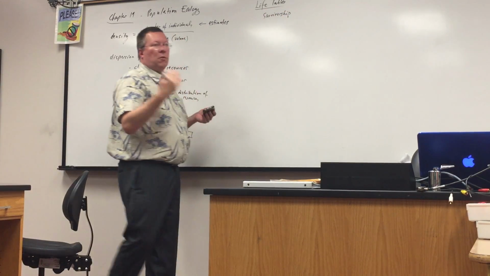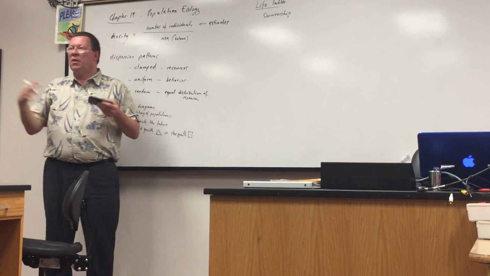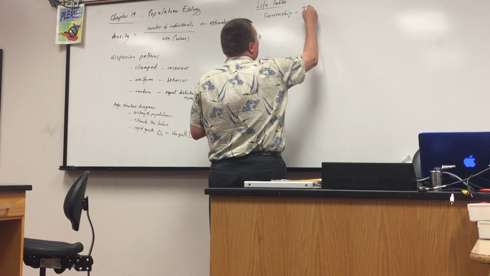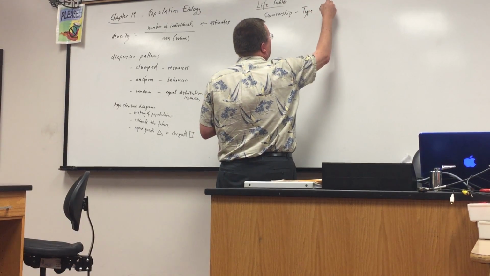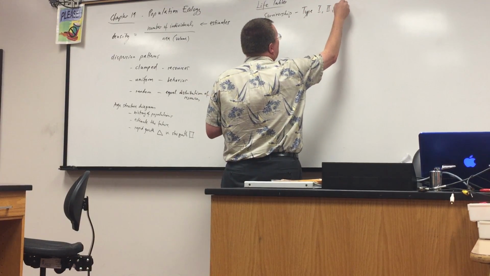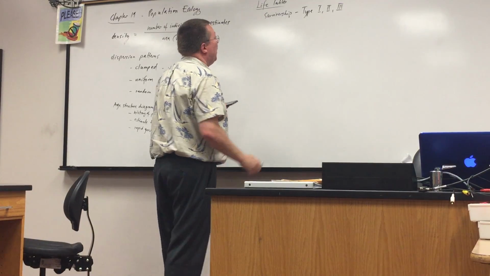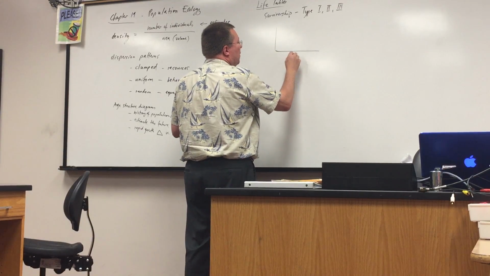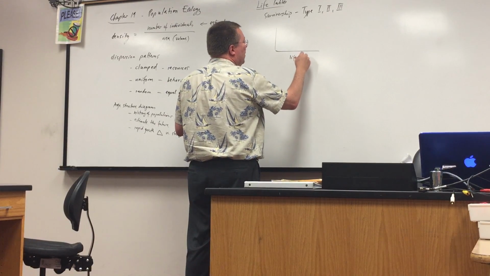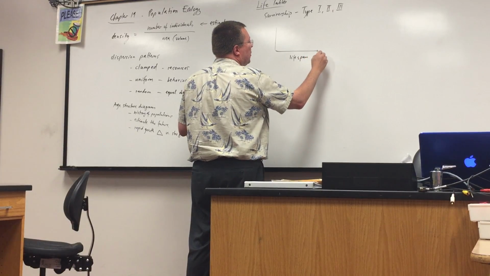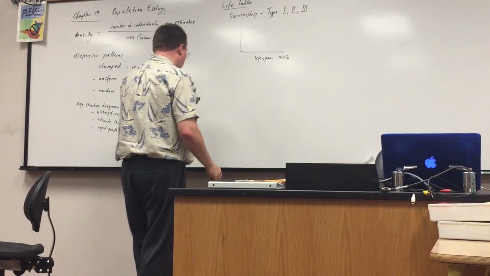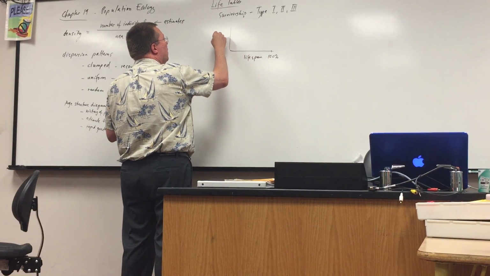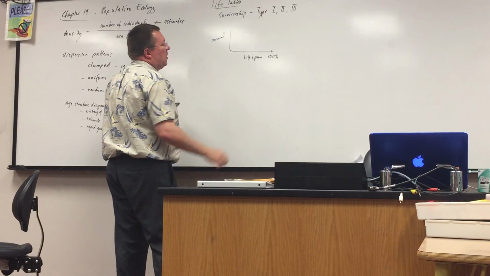Now, of course, survivorship is not only in the human population, but also in any other kind of organismal population. And there are three types: Type 1, Type 2, and Type 3 survivorship. If you were to put these on a graph, where over here is 100% of the lifespan, and on the side you have survival, our population is like this.